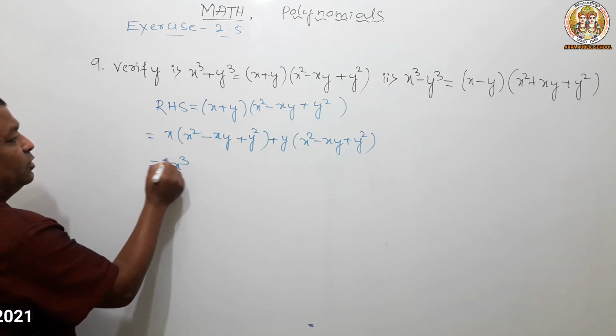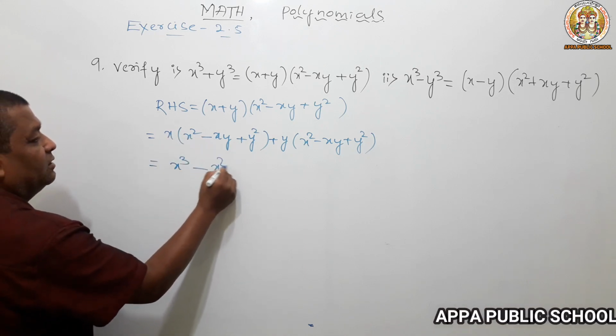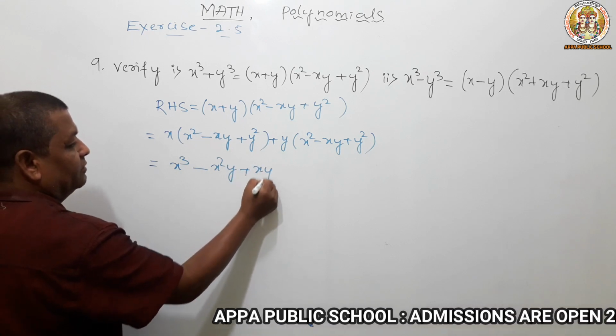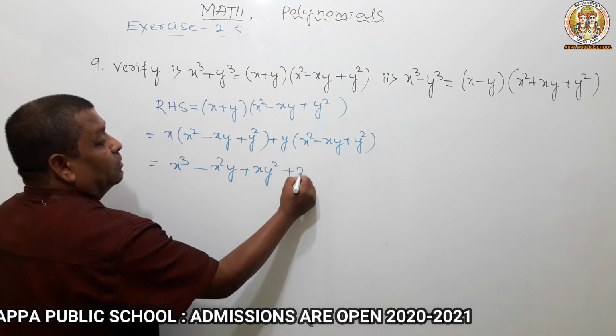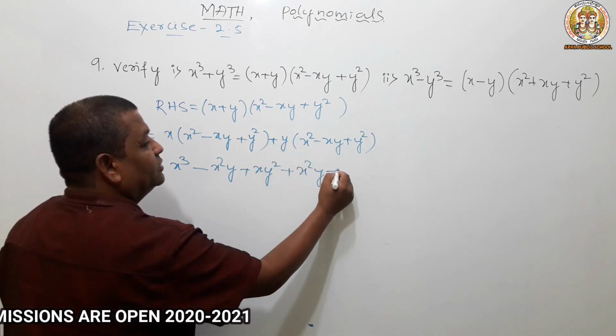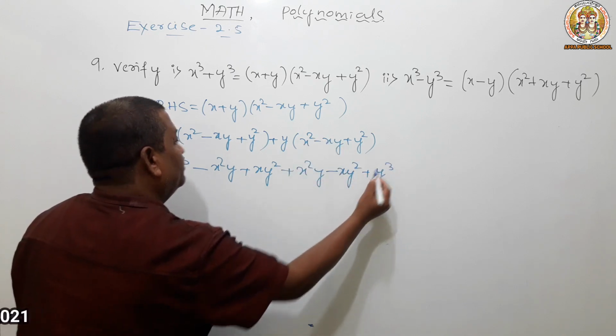This is x cube minus x square y plus xy square. Next, this side, x square y minus x into y square plus y cube.